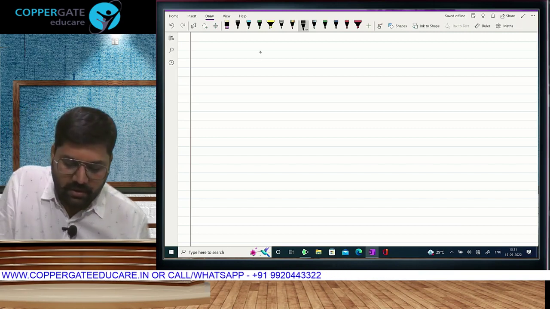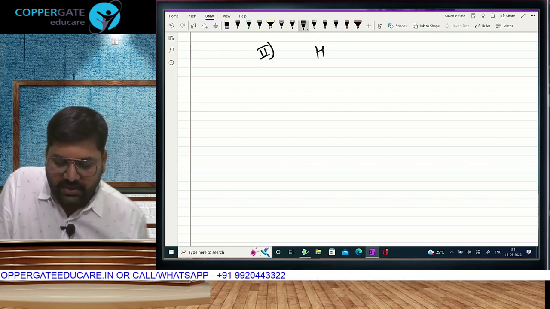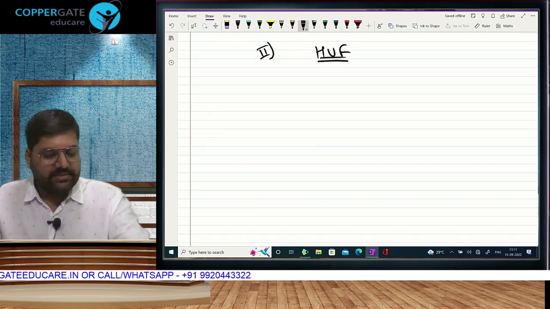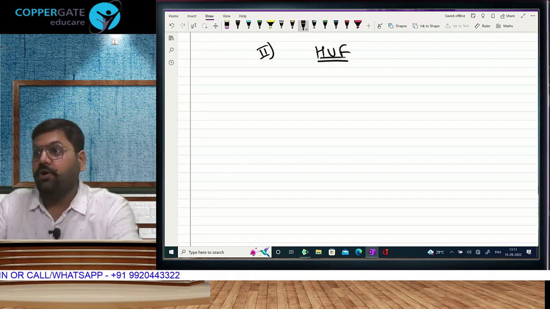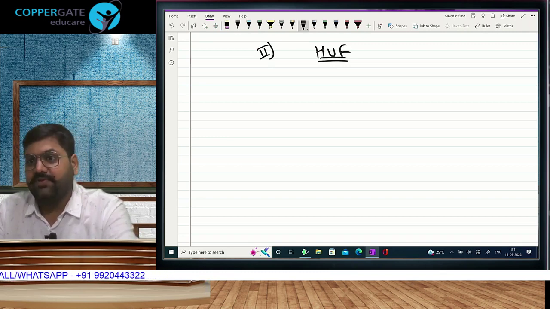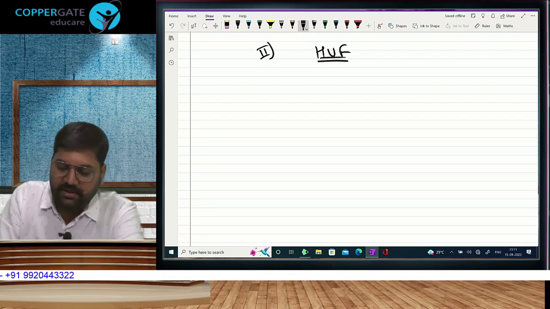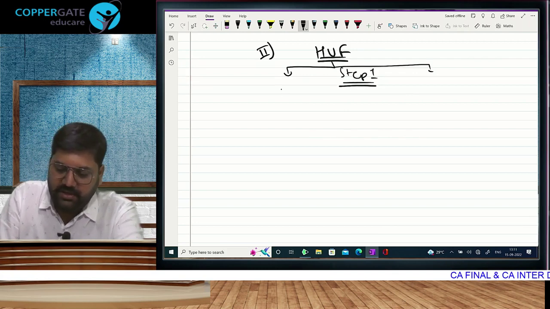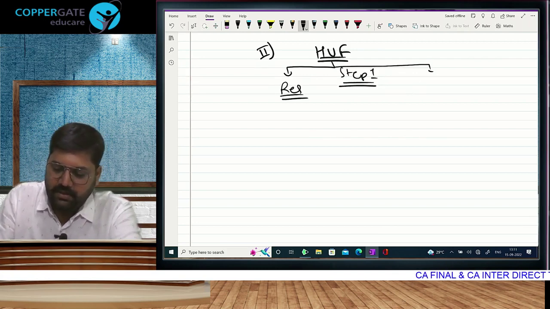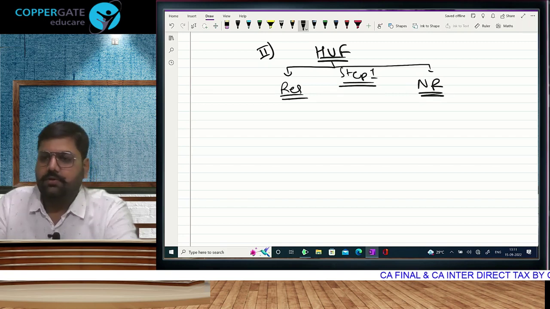Okay? So, now we go to the residential status of the second assessee, that is HUF. What is HUF? We have had a long discussion on that in the definition of person. For Hindu undivided family also the classification is going to be, in step 1, we will decide whether the HUF is resident or non-resident.